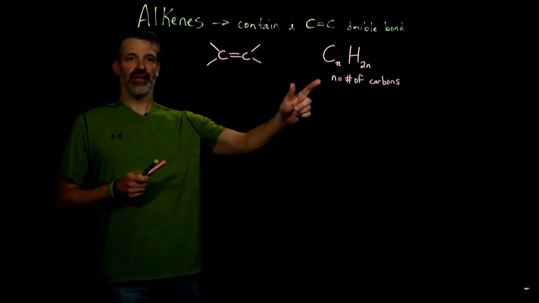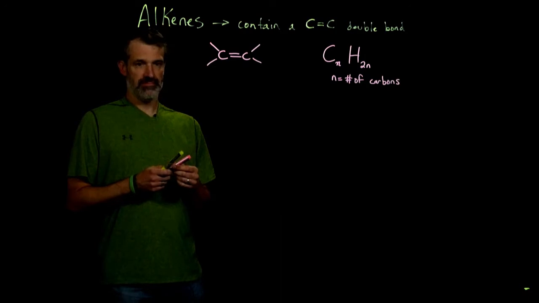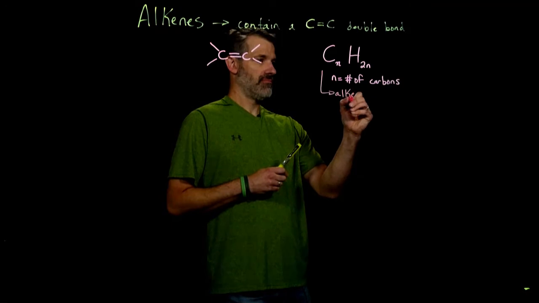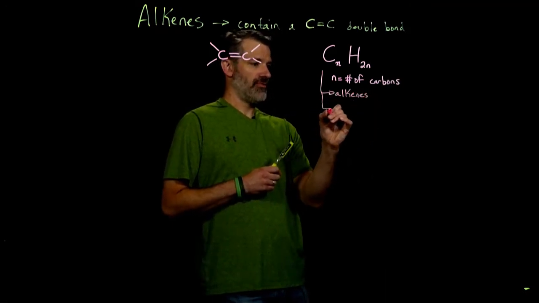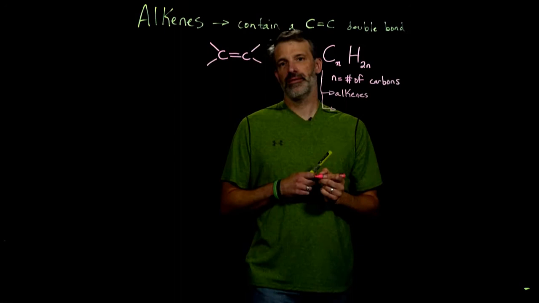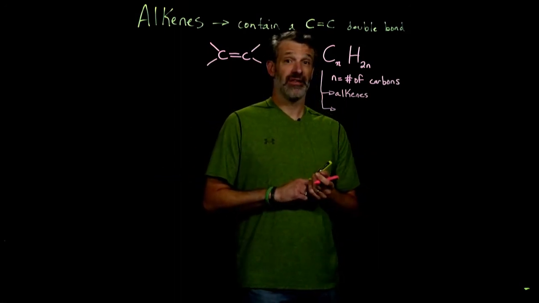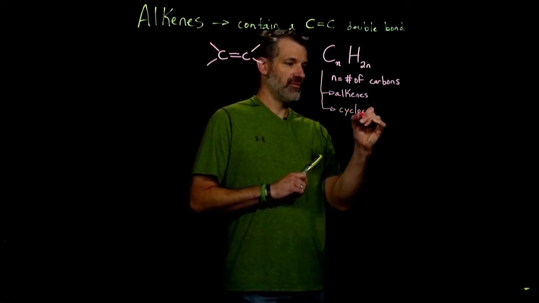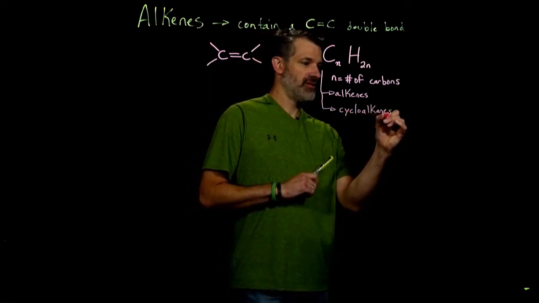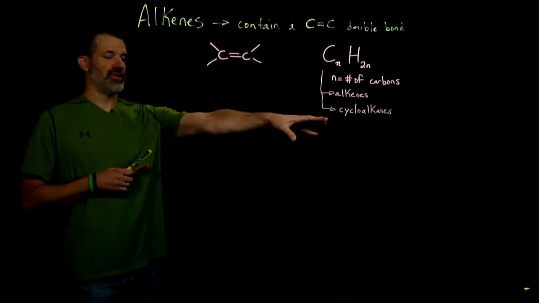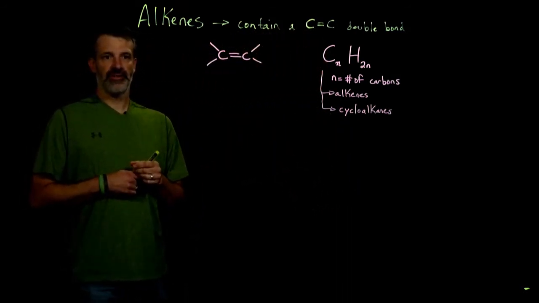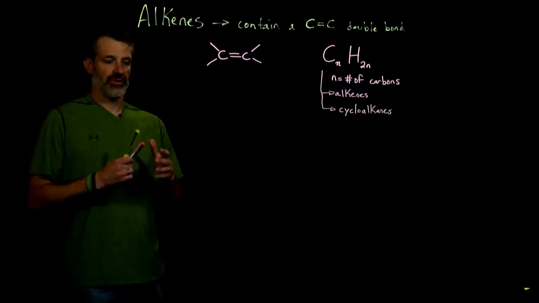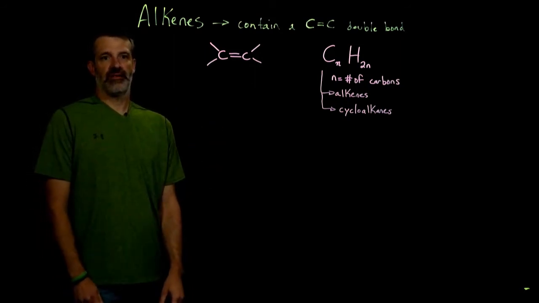Coincidentally, CnH2n is also the general formula not only for alkenes, but for something else that we covered in the last segment on alkanes, which is cycloalkanes. And this is due to the loss of 2 hydrogens from a regular, straight-chained alkane, in order to cyclize the carbons contained in that ring.